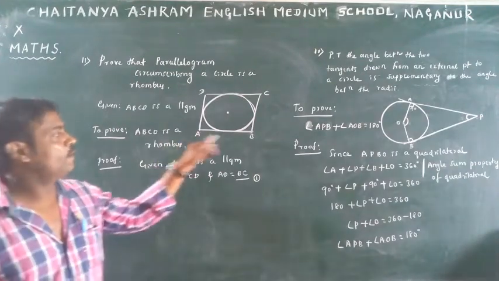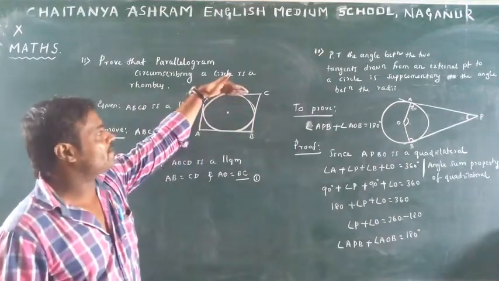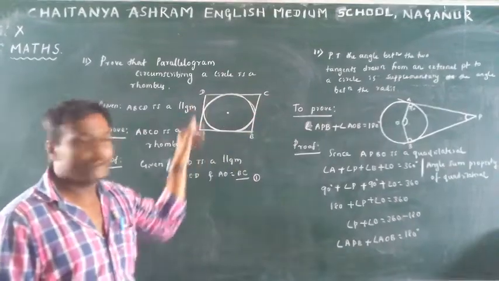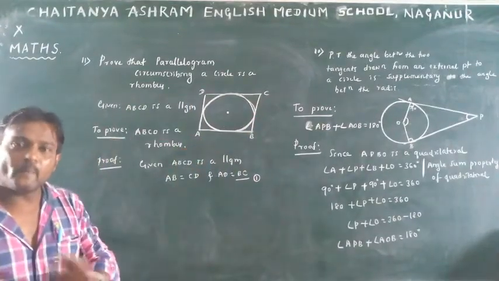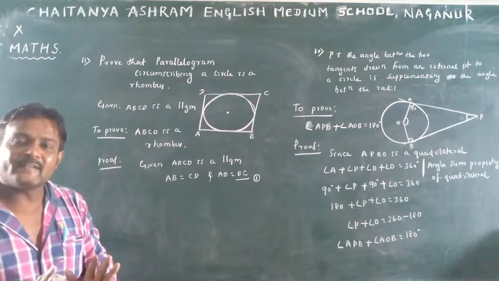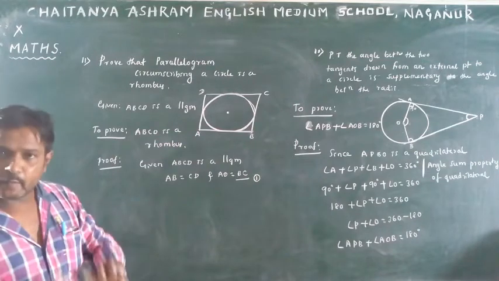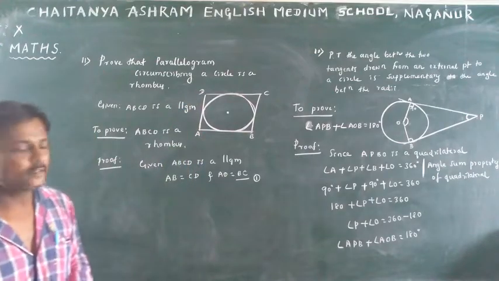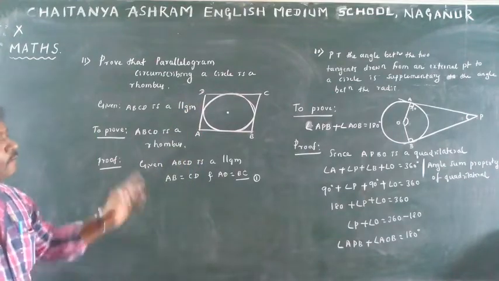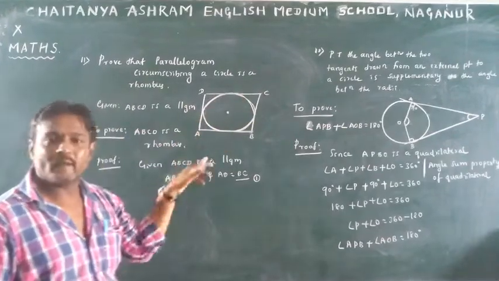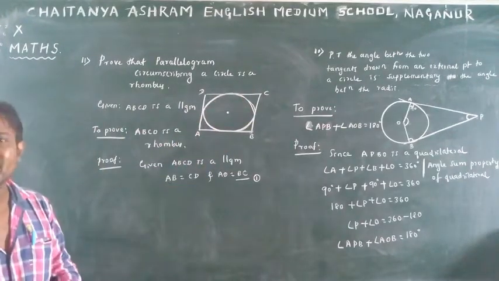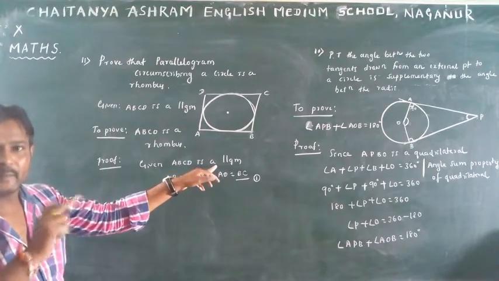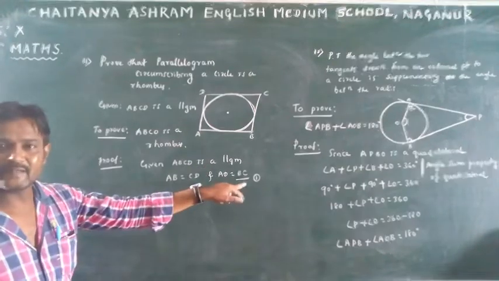So first we prove all these sides are equal, then automatically it is a rhombus. ABCD is a parallelogram, this is from the given data. Through this we made one result.